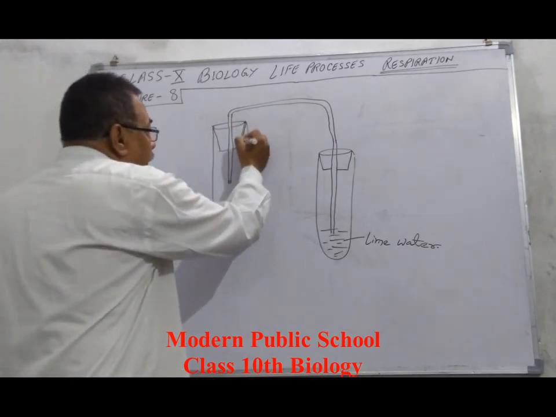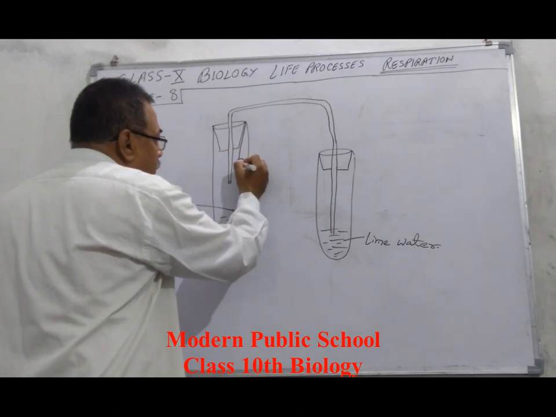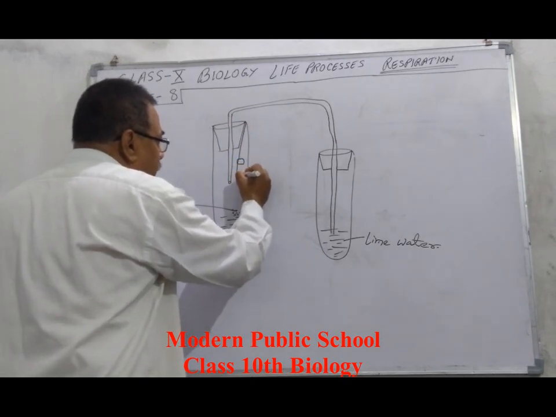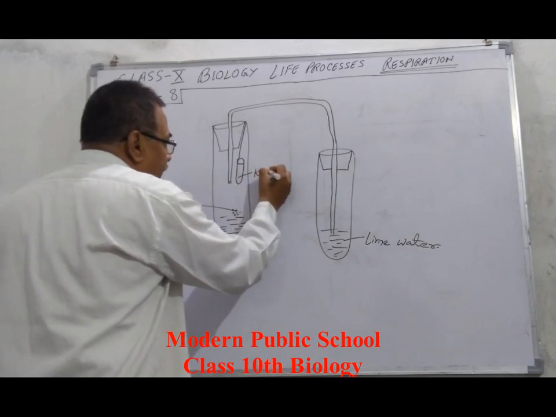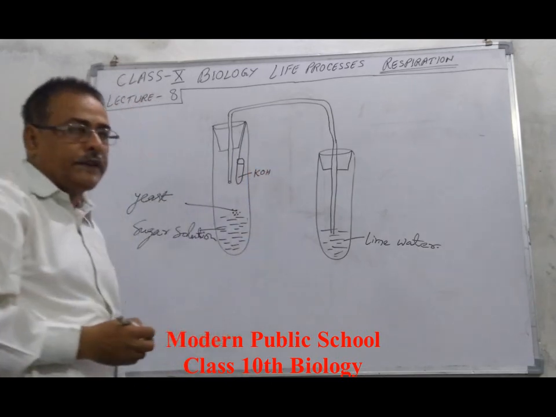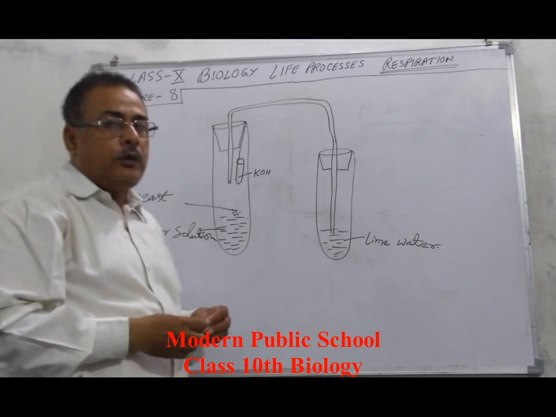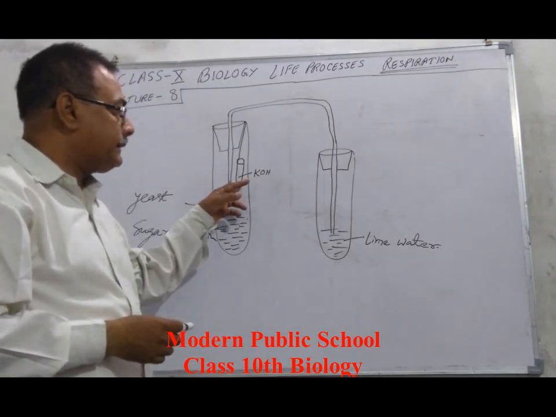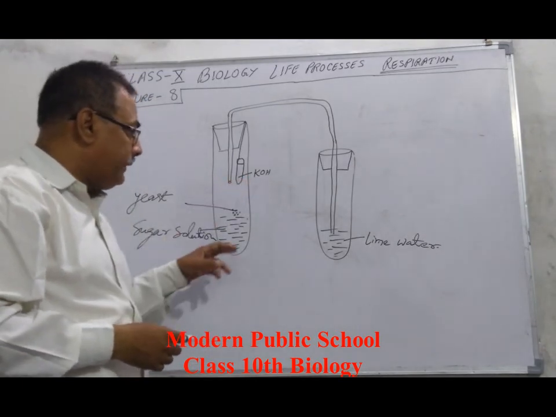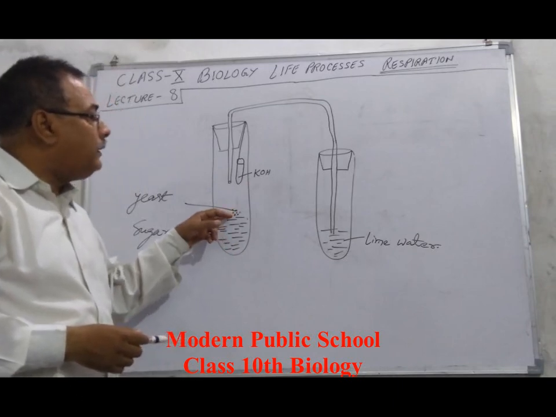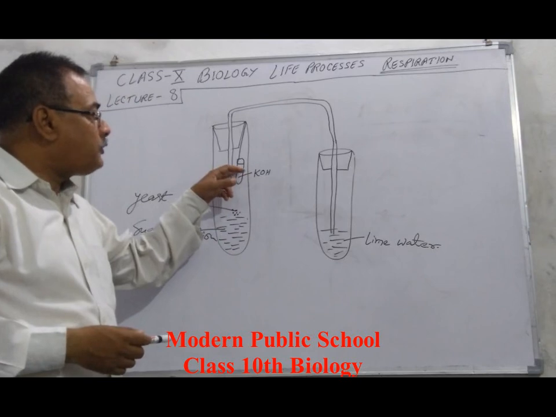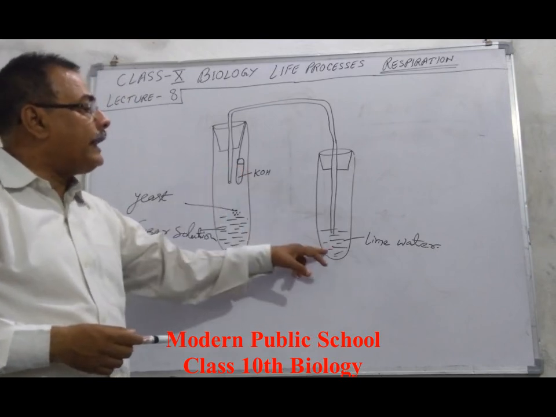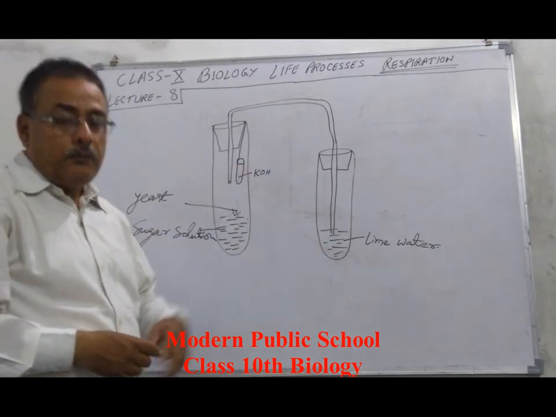If you hang another small test tube here and put KOH, potassium hydroxide, which is a very good absorbent for carbon dioxide, then the carbon dioxide produced by the yeast will be absorbed by the KOH and the lime water will not become milky.